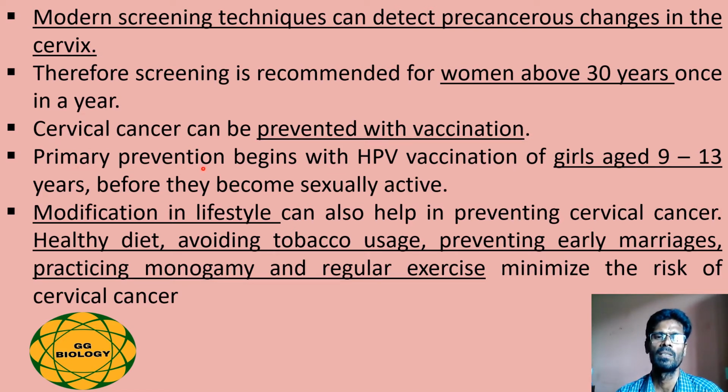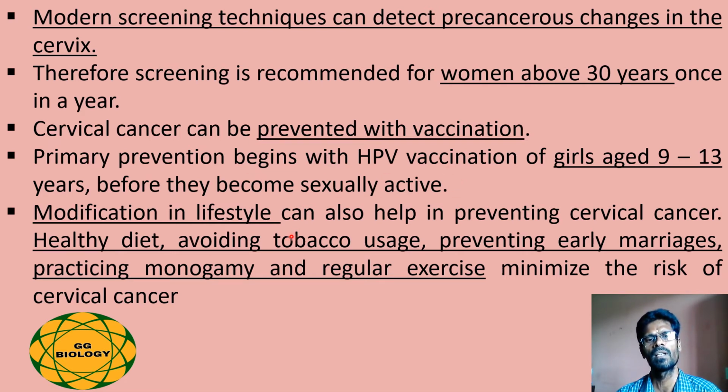Usually the prevention begins with girls between the ages of 9 and 13. Primary prevention begins with the HPV vaccine for girls aged 9 to 13 years, before they become sexually active. So the application of vaccines plays a vital role in the prevention of cervical cancer.